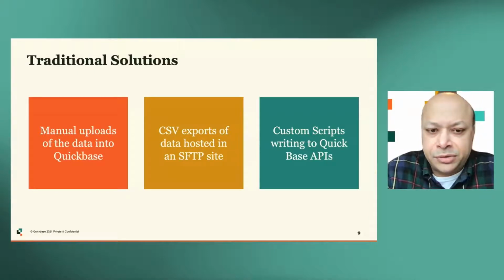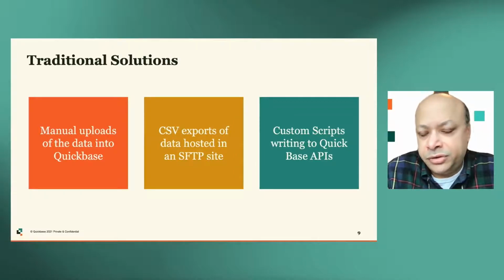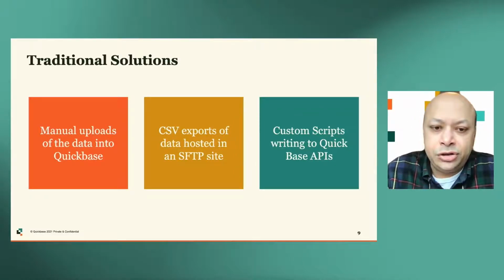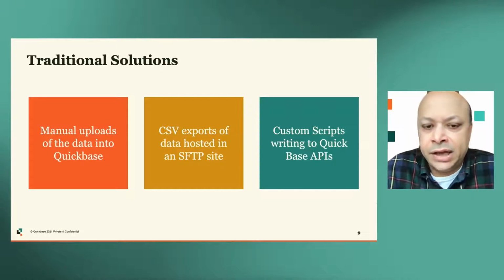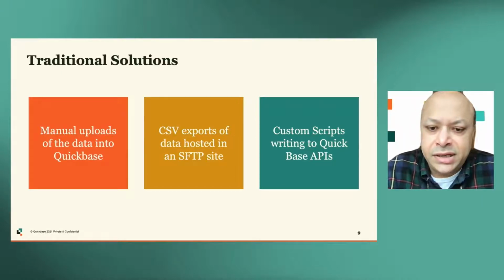So the second approach is a little bit better, and I'd call it more semi-automated. That approach is effectively somebody writes some scripts that extract that data from SQL Server into a CSV file that is put on an SFTP site.